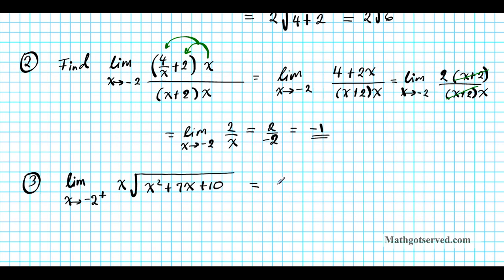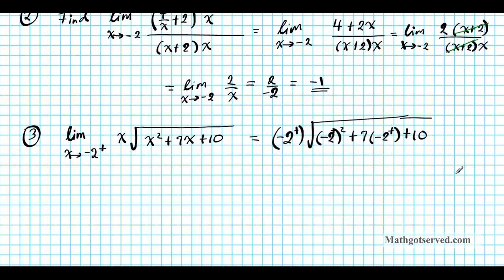We're going to have, by substitution, negative 2 from the right times the square root of negative 2 from the right squared plus 7 times negative 2 from the right plus 10. Let's simplify this.